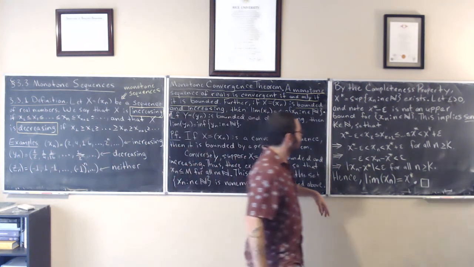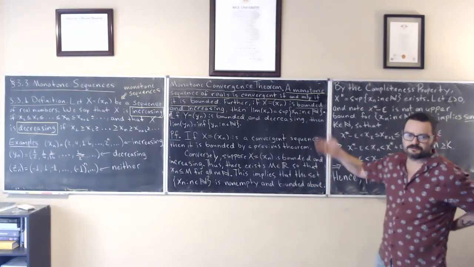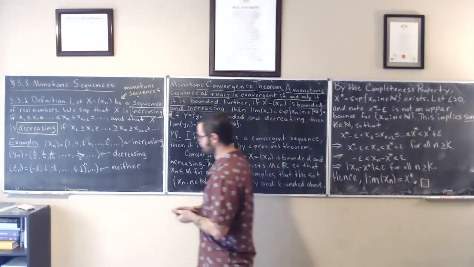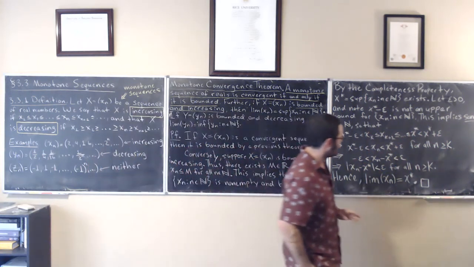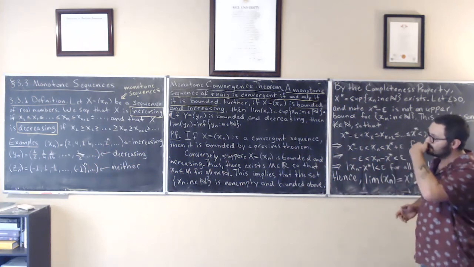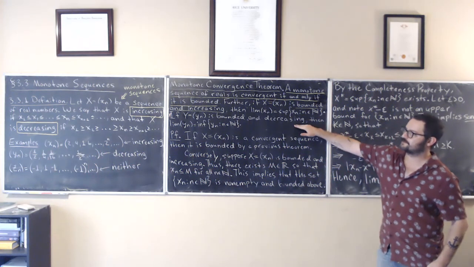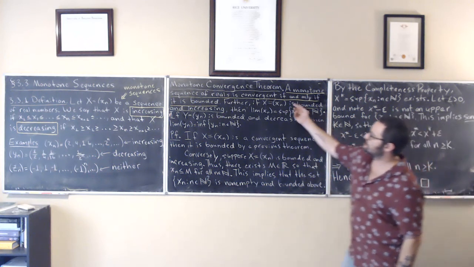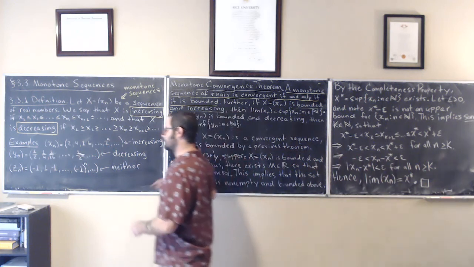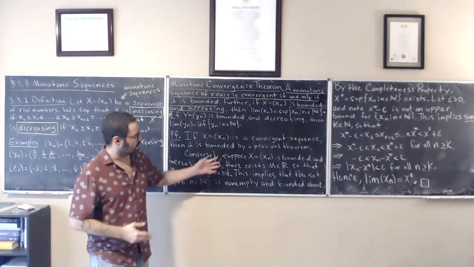It converges to the supremum of the negative terms, which is equivalent to the infimum. So I think this is a good point to stop and allow you watching this video to try your hand at proving the second part here. Here's the template. You can either use what we've proven so far to prove the second part or do it from a similar argument as this.